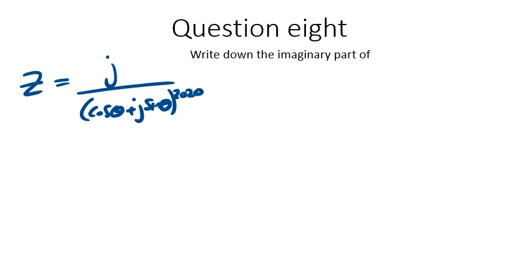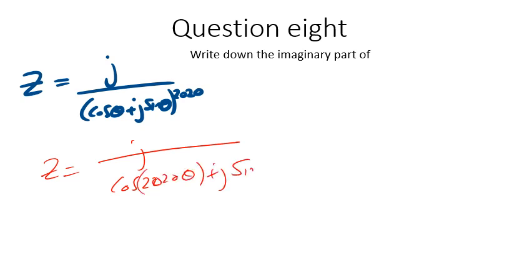2020. Let's have a look at this. Same method, right? So you're going to go z equals j into De Moivre's theorem, cos 2020 theta plus j sine of 2020 theta.